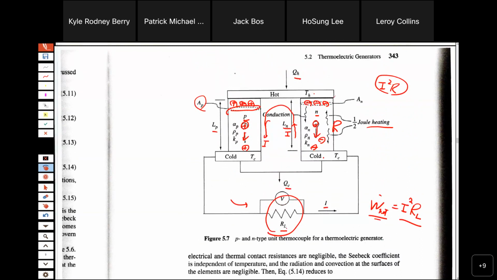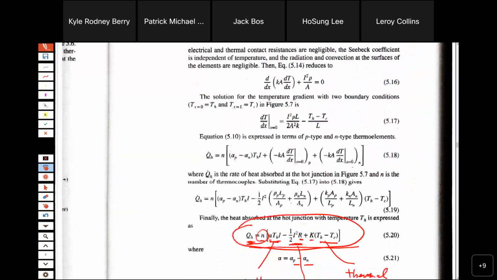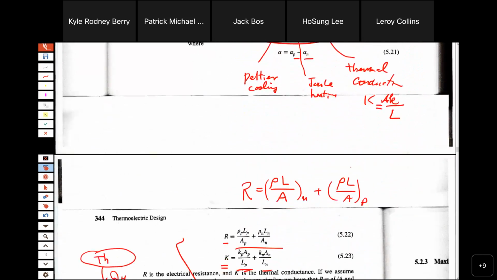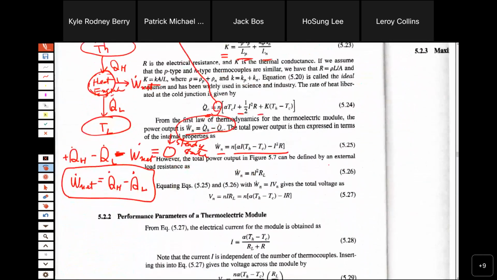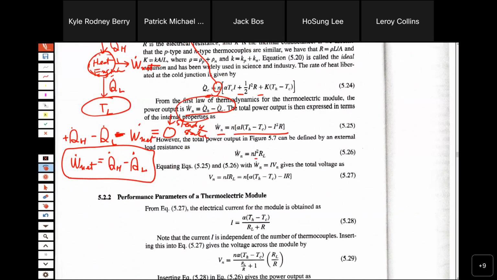The external we call load resistance. This is internal resistance. So that's just simple thermodynamics, using the external. This is the external load resistance times N. This must be power.